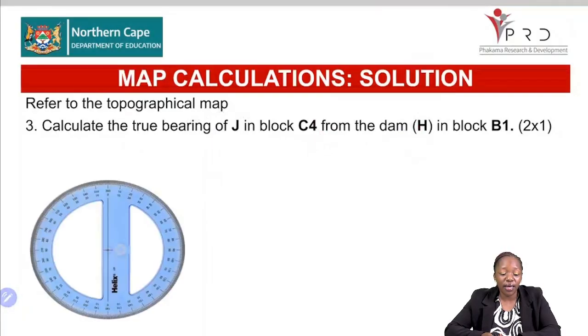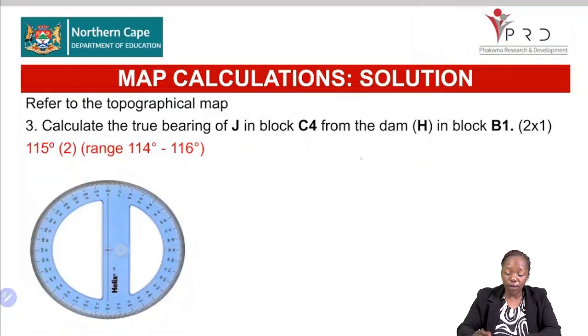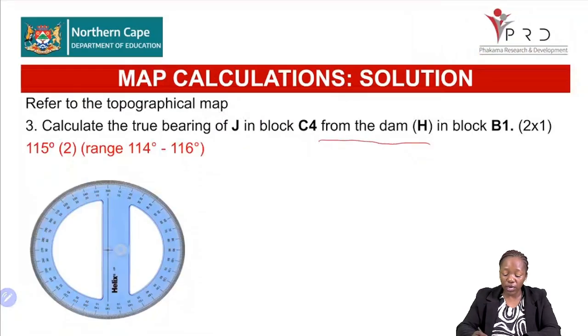Right, looking there, I said to you, you're supposed to have your protractor and you're supposed to have your ruler. So what you do in your ruler, remember we were given from dam H. So if you're looking there at the dam H in block B1, you will see this is H and then this is the triangle, the arrow.